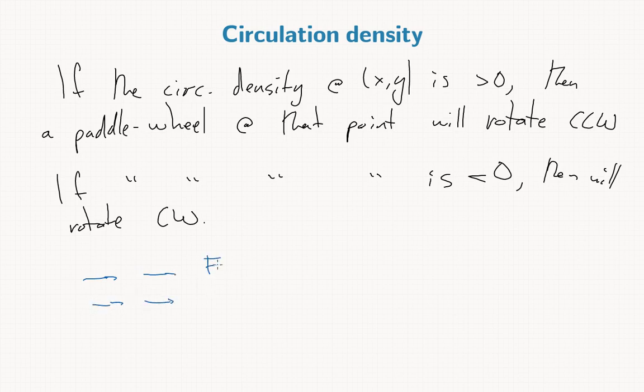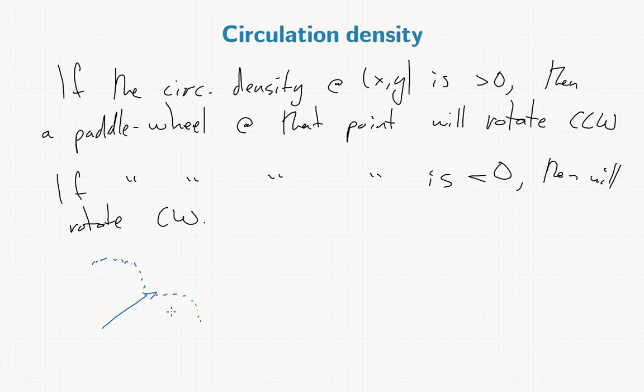For instance, we already saw the example of F just being a constant. Let's say F is moving at one point like this, but that doesn't tell us the general behavior.